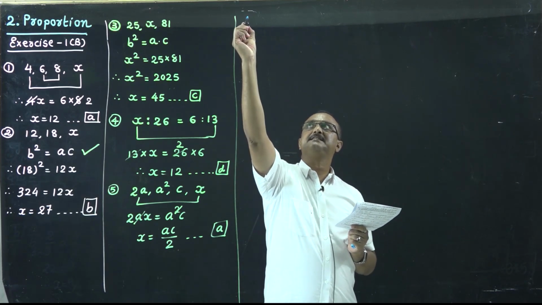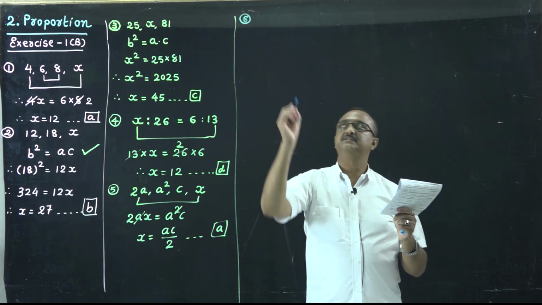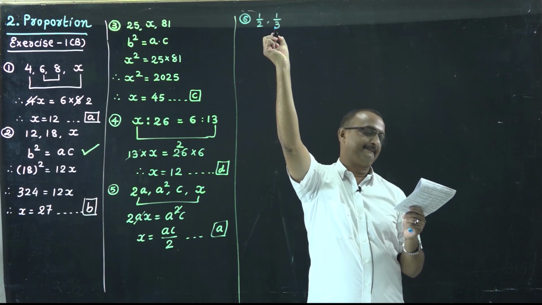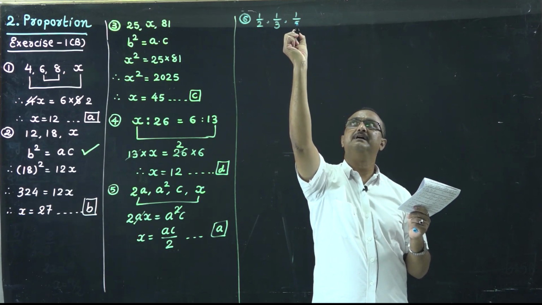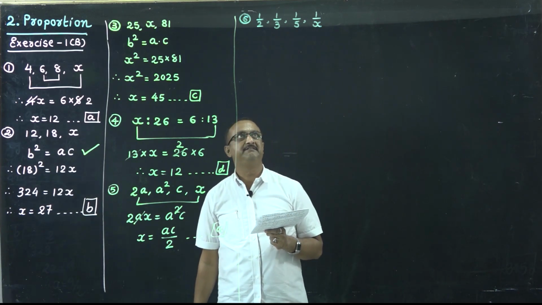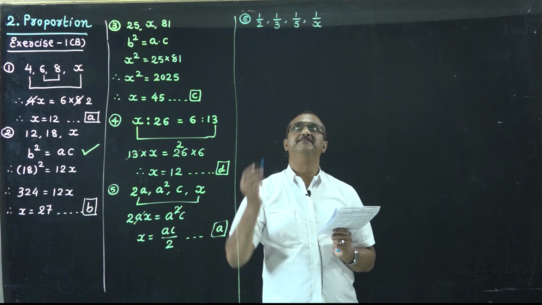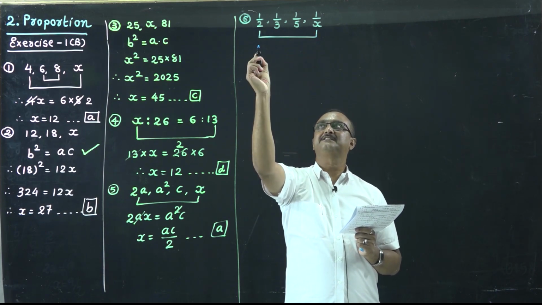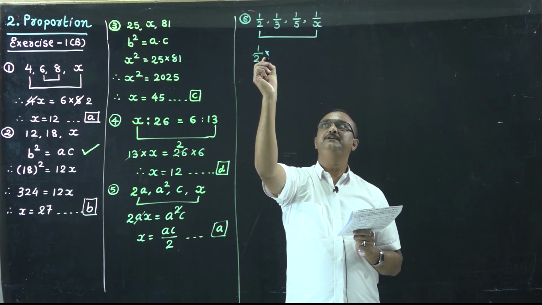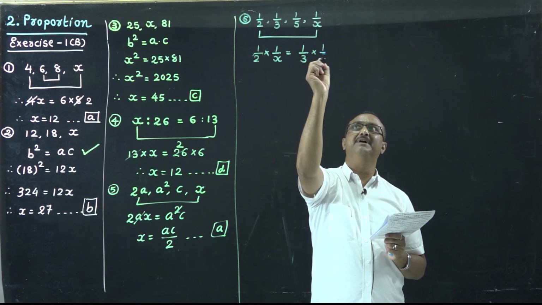Now question number 6. If four numbers 1/2, 1/3, 1/5 and 1/x are in proportion, then what is x? Again same formula, product of extremes. 1/2 into 1/x is equal to 1/3 into 1/5.